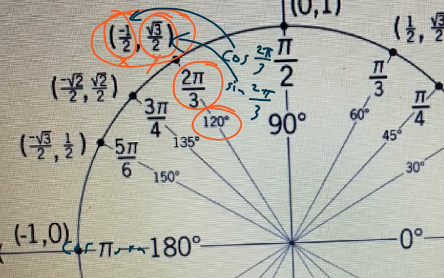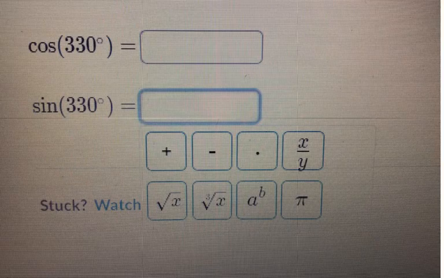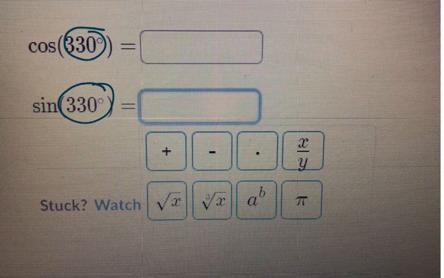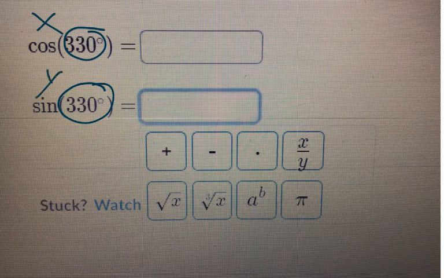Okay, let's go on to the next one. How can we do cosine of 330 and the sine of 330? We first find the angle 330 on our unit circle. And we know that the x is our cosine, the y coordinate is our sine. It's that simple. All right, let's do that.